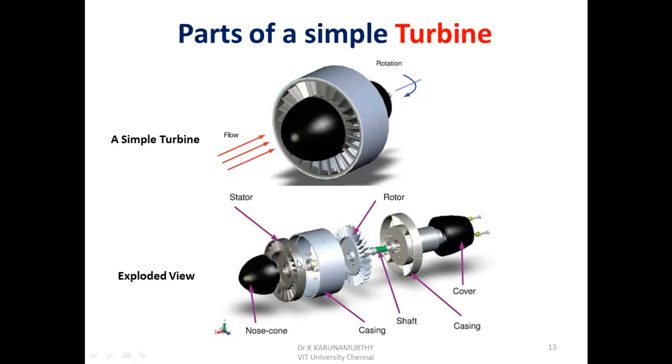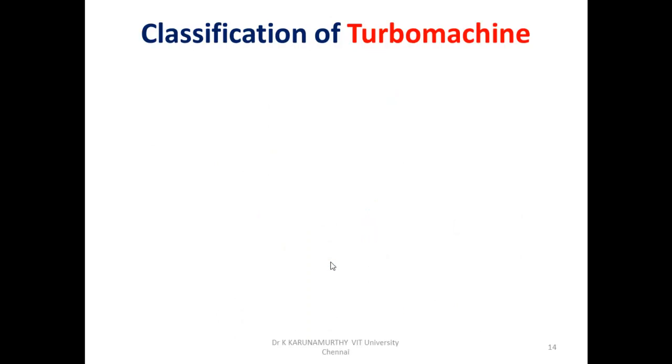Then we have a stationary element, which we call a stator. Here you can see the guide vanes, which direct the fluid in a particular direction so that we can extract the maximum amount of energy. All these are mounted on a shaft, and this is completely covered with the help of a casing. So these are the four major components present in a turbo machine.